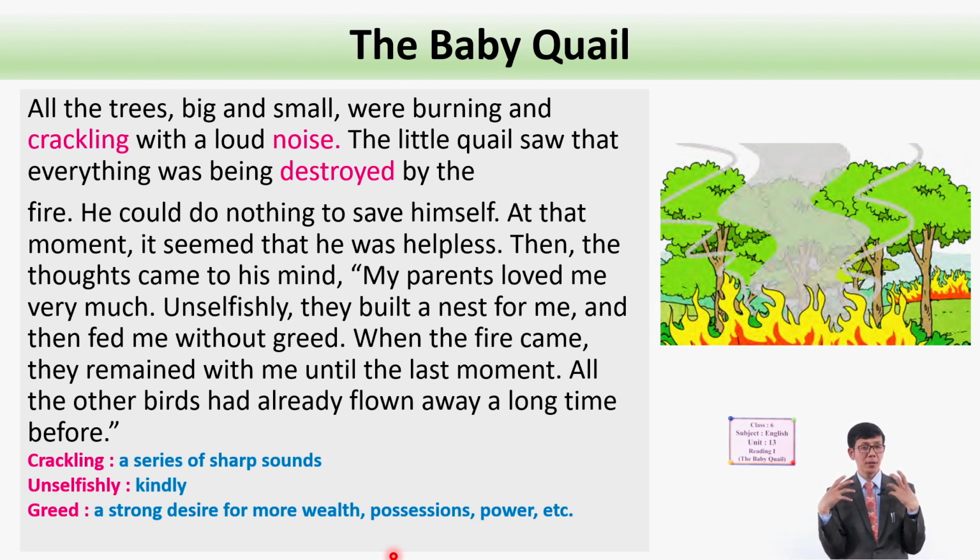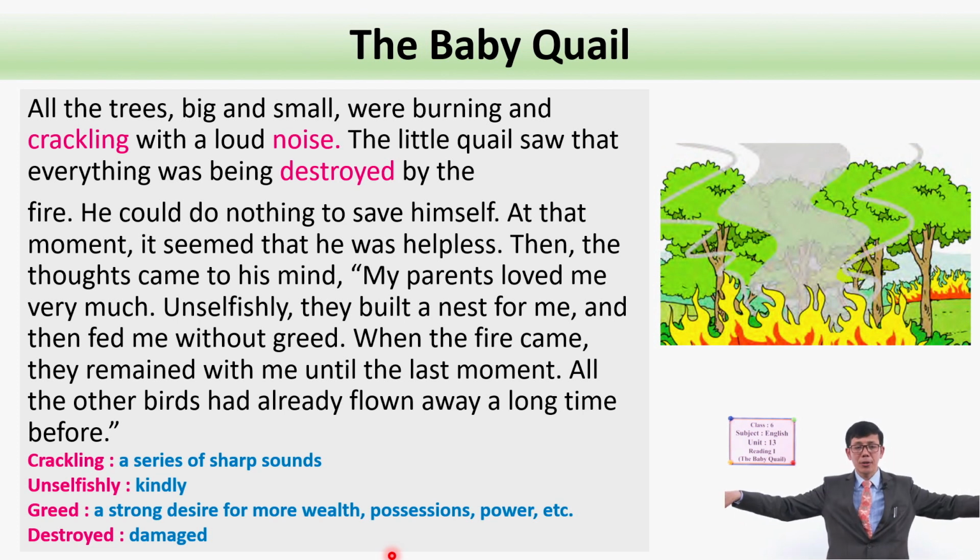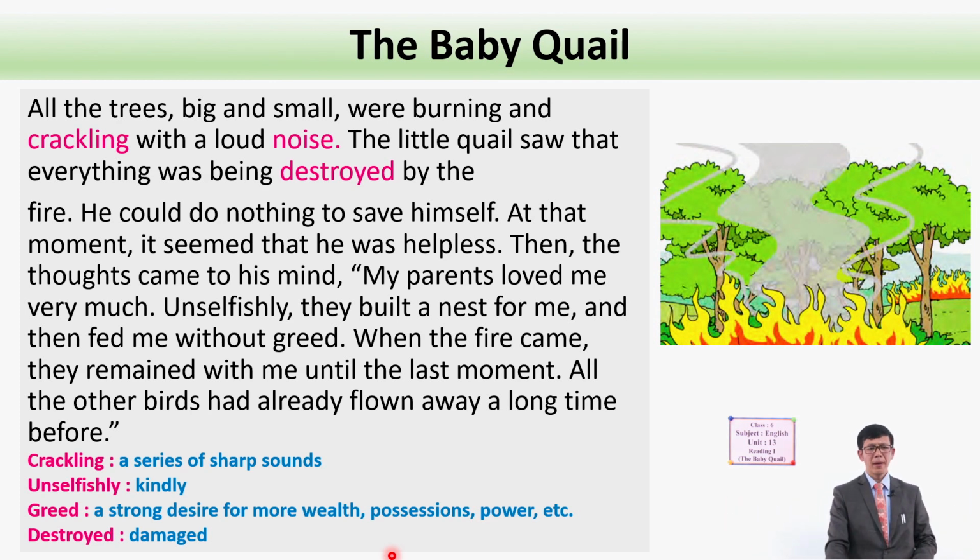So the parents of that little quail did not have that sort of greed. And you also see the word there, destroyed. That means damaged, all the trees and everything was damaged in the jungle.